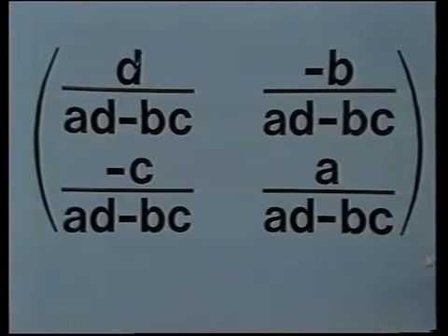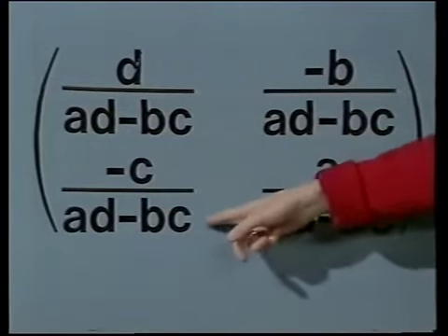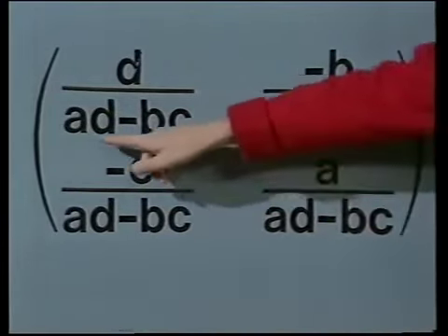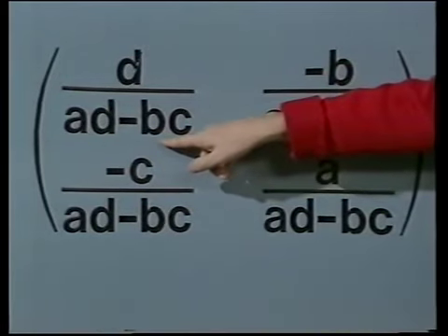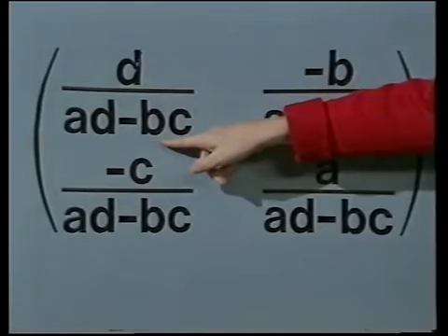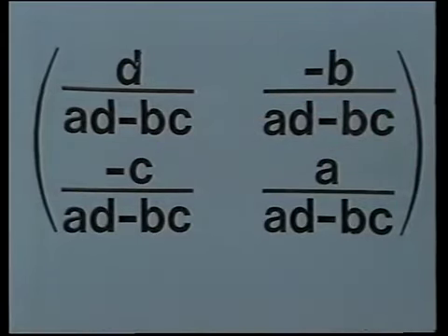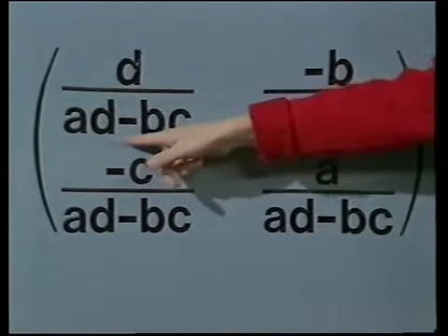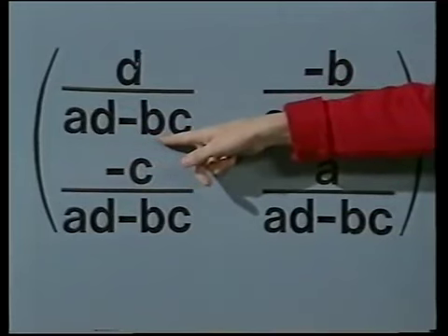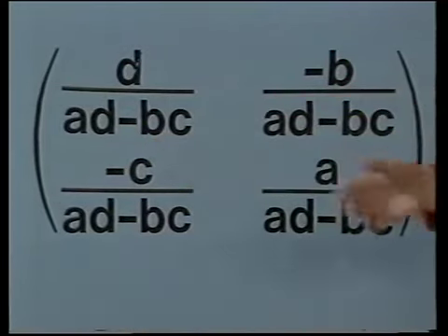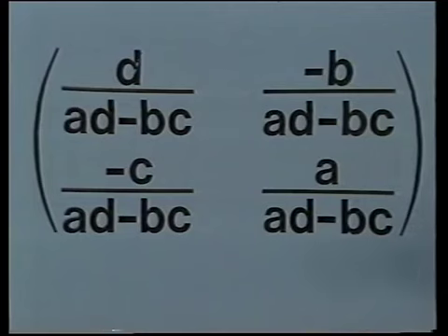The important thing to notice is that each of these 4 terms is a fraction, and in each case the denominator is just this determinant AD minus BC. And that, of course, tells us why there's no inverse when this determinant is 0. So algebraically, as well as geometrically, we can tell when a matrix has an inverse. We do it just by looking at the determinant AD minus BC.